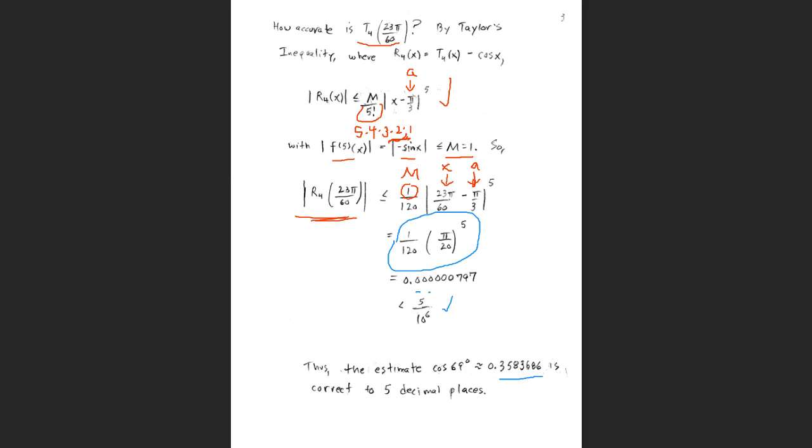What can you do? You can't adjust A equals pi over 3; that's the best you're going to do in terms of a nice angle that you can easily evaluate the derivatives at. But what can you do to improve the approximation?